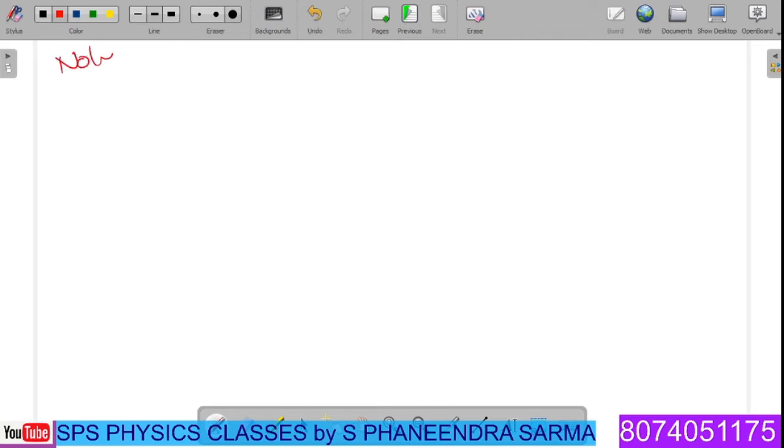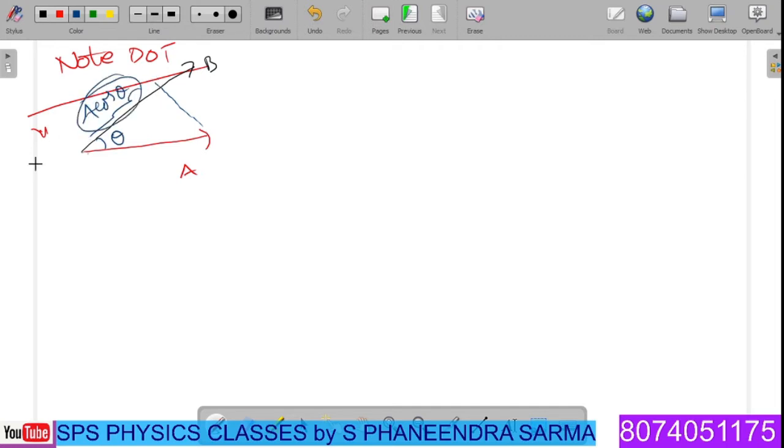Note on dot product, very important thing. This is called the first vector A, and this is called the second vector B. If you draw a foot of perpendicular like this, then we already know this angle is theta, and this magnitude is called A cos theta.